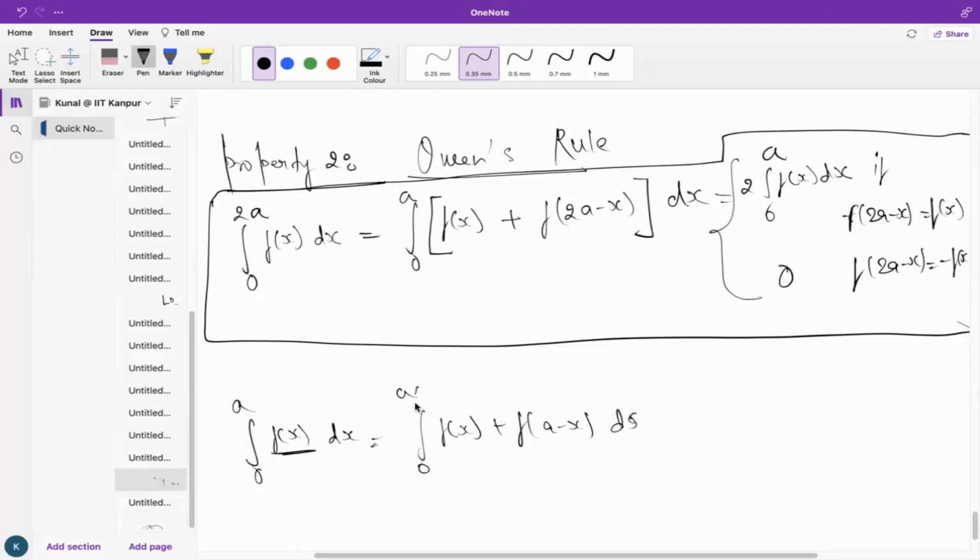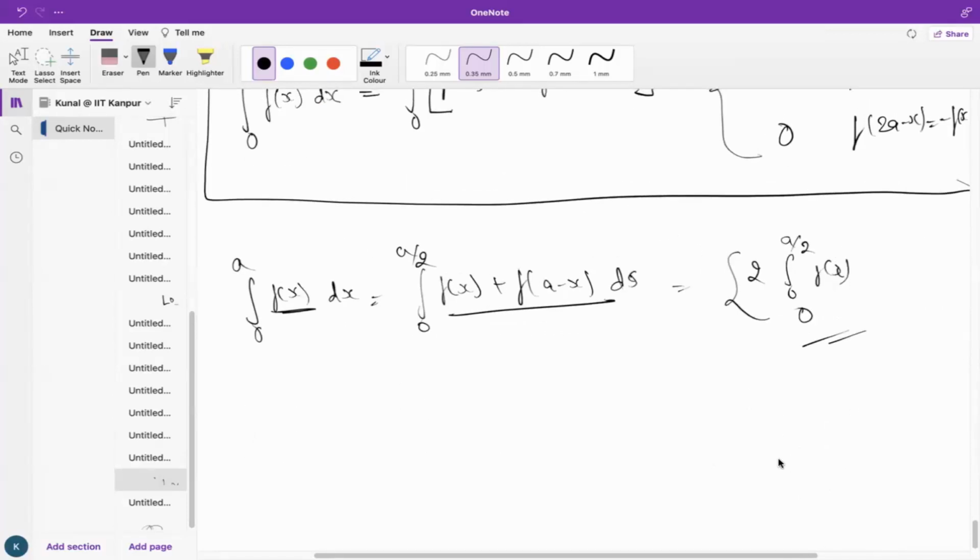So it will be 0 to a by 2, and it will be equal to 2 times the integral from 0 to a by 2 of f(x) dx if both are equal. And if both are equal with opposite signs, we get 0. Let me show you its proof, then you will understand this.